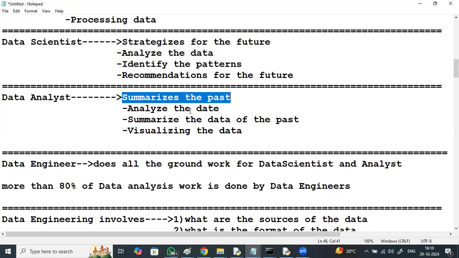Data analyst analyzes the data, summarizes the data of the past, and visualizes the data.